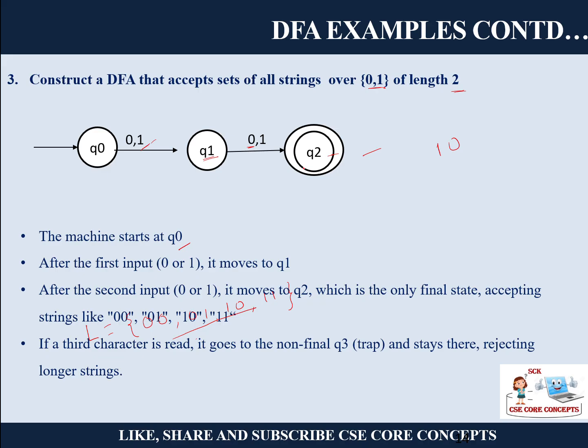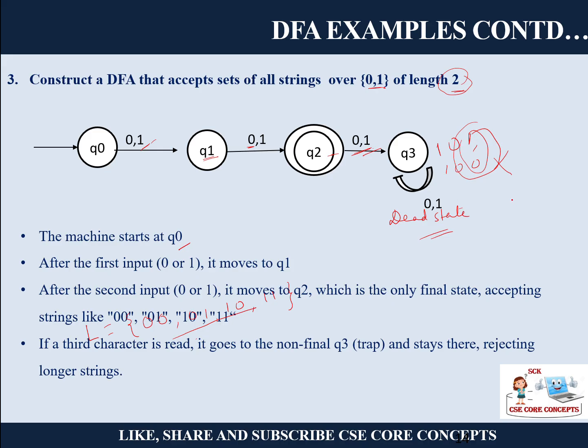But apart from this, I told you that the length should be at the max 2, not more than that, right? So after this, if I am putting 101 or 100, whatever I put last, this is invalid. So even if I put 1 or 0, I will go to a dead state. So no string should be more than length 2.